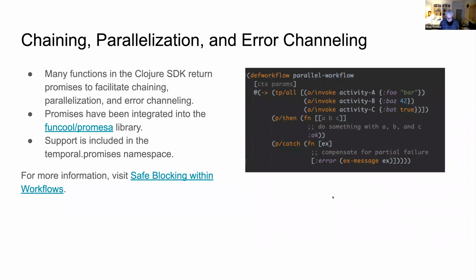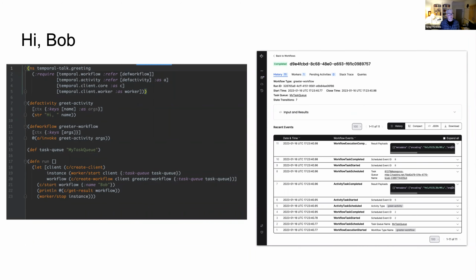So when I call start, that gets serialized and ultimately stored by Temporal in its Cassandra database as part of the event history. Now you see this, workflow execution started. Again, this is just a screenshot, so I can't expand this, but if I expanded it, in here would be the encoded version of this data, this name Bob.